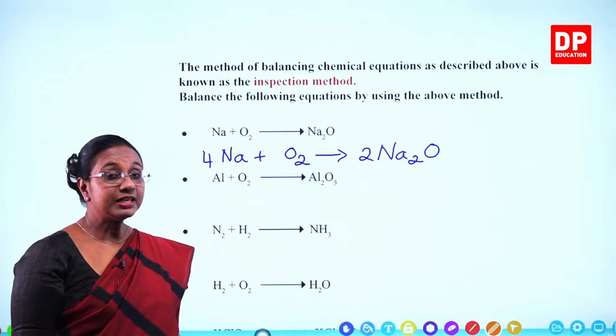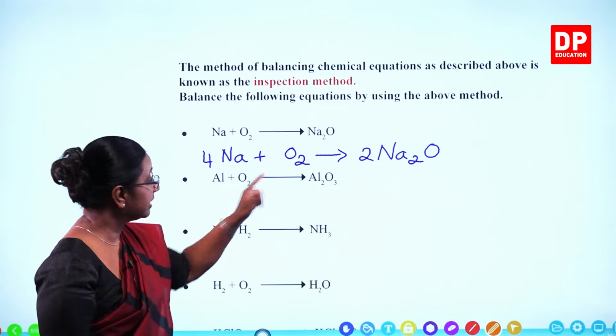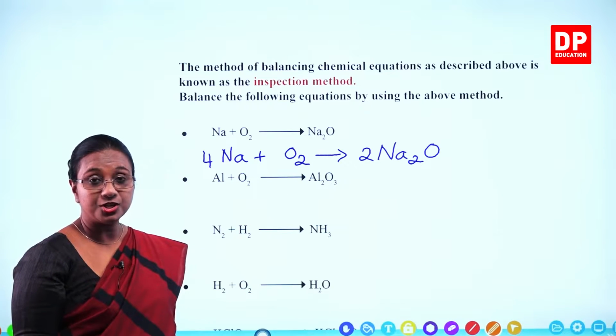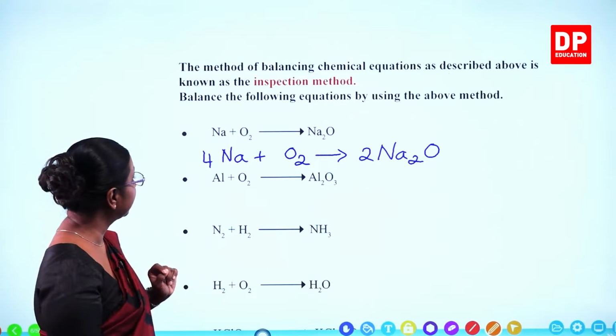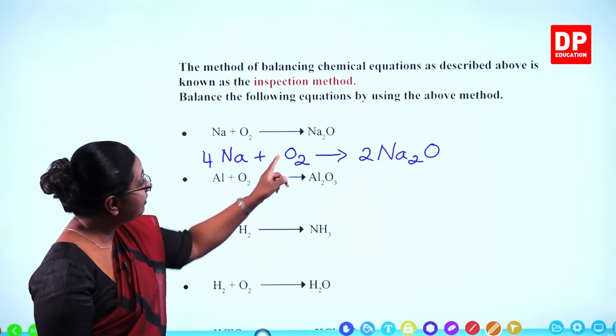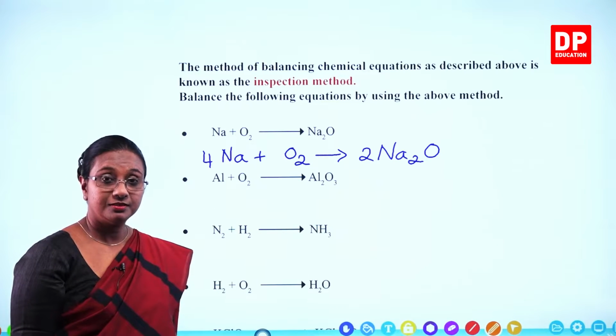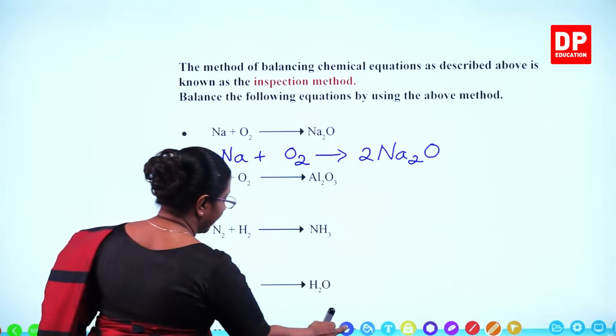So, it is a chemical combination reaction. And this is the balanced chemical equation of the chemical combination reaction taking place between sodium and oxygen, giving rise to sodium oxide. Is that clear to you all? Then the next one.